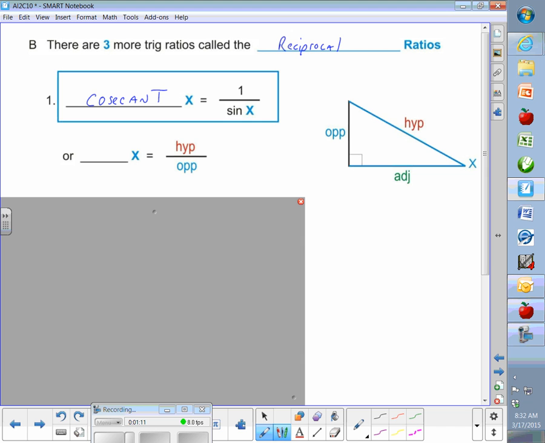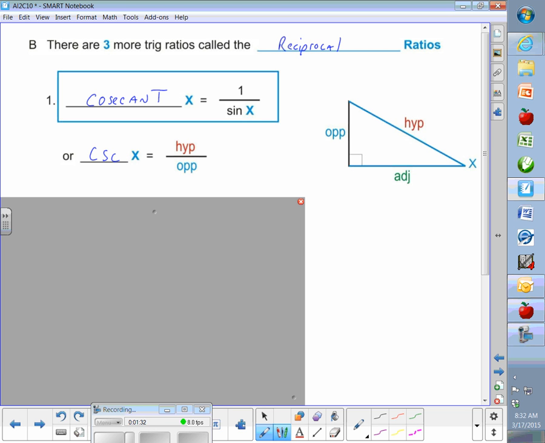The abbreviation for cosecant is CSC. You can look on your calculator, but you're not going to find a cosecant button, because you really don't need the button. It's not really necessary if you know what's going on.